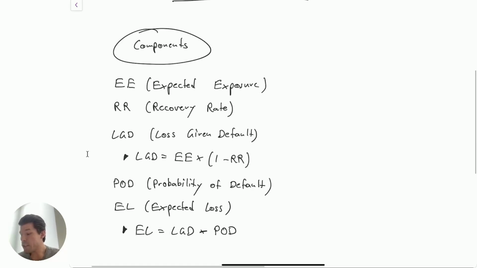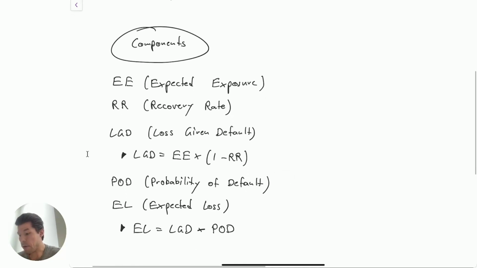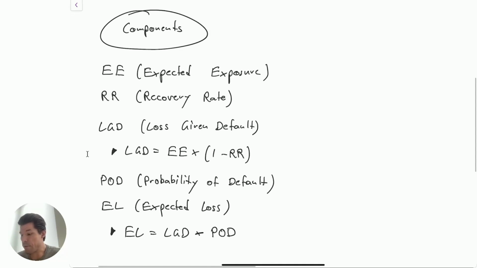Then we talk about loss given default, which is basically your expected exposure times 1 minus your recovery rate. So assume the amount that was borrowed from you was 100, and you want to understand the credit risk you have, then your expected exposure would be 100.